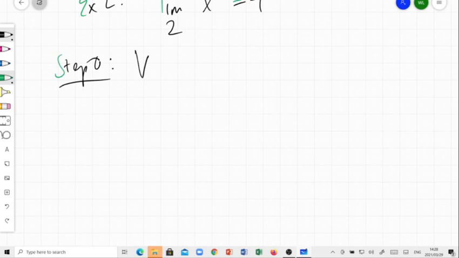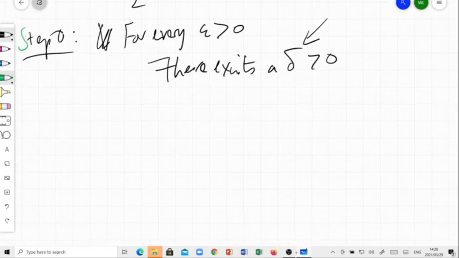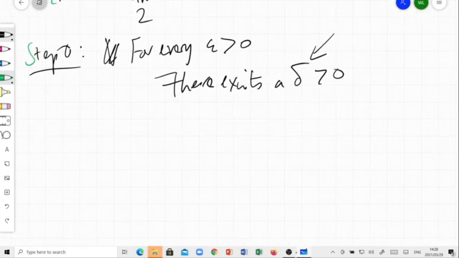For every challenge epsilon, there exists, so this is my job, a delta, that's your job, such that if my x is delta close to 2, who's my point of approach? 2.